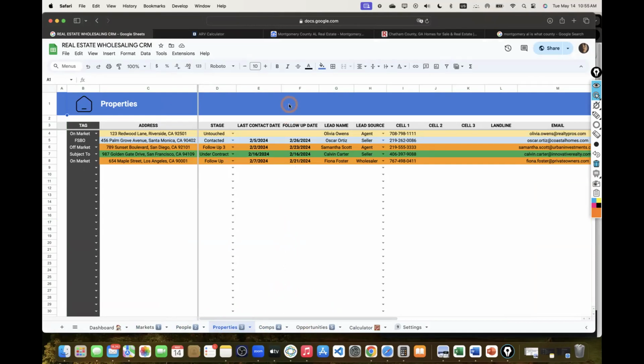Sometimes we go through the process of, okay, here's an opportunity, let me analyze it really quick. You spend your time on it, you find your numbers, and of course it really has to make sense. When it comes to sellers and agents, those are two different conversations. Especially with a property listed on market, you've got to talk with the agent.